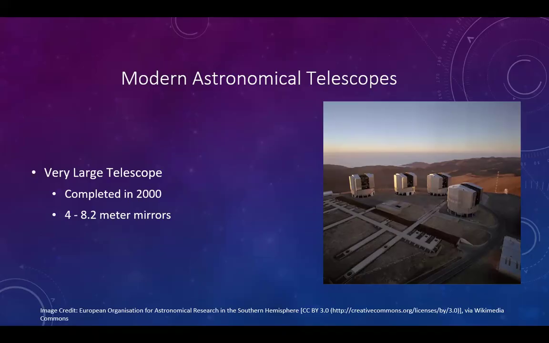And there are a couple of little telescopes that aren't in this picture. They're off to the side. They effectively, for interferometry, make it even bigger. This Very Large Telescope was actually able to take the first image of an exoplanet by using interferometry.